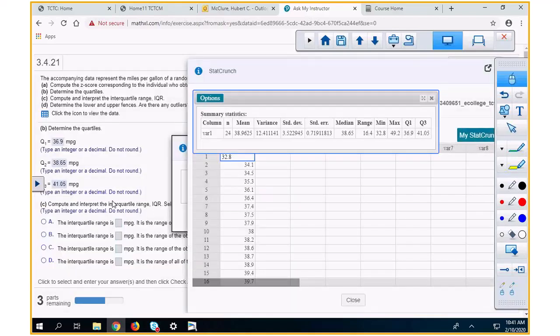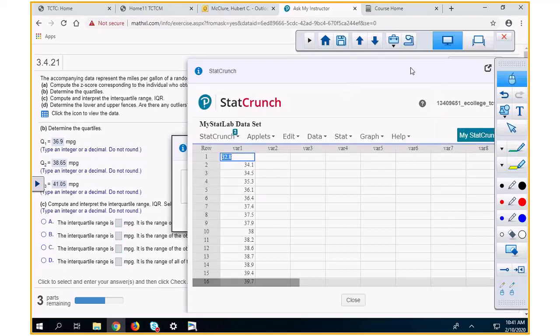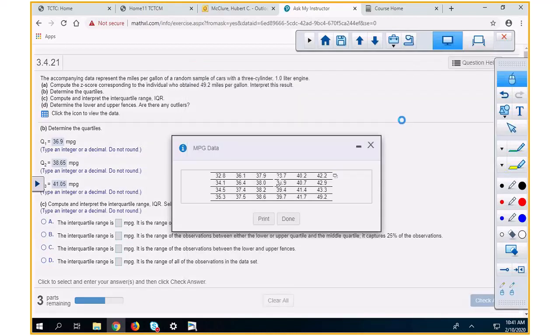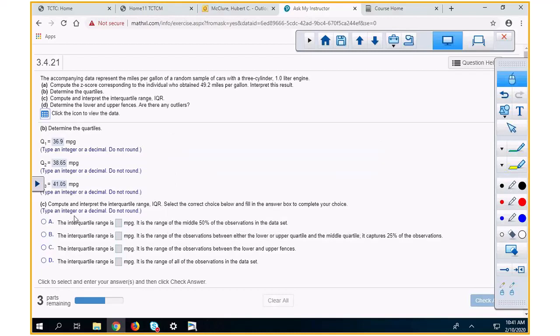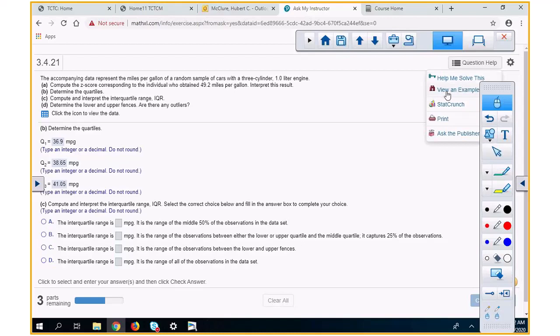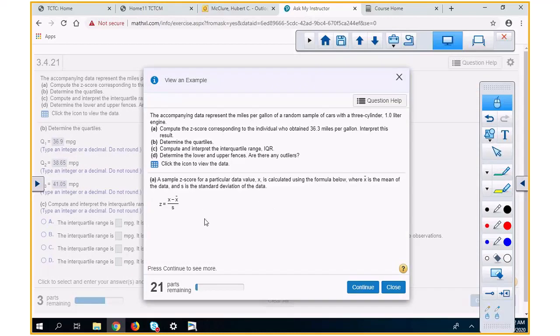Oh my gosh. Is this A through Z or what? A through D. And after that, you still got 3 more parts. Compute and interpret the interquartile range. Select the choices below. Oh God, the interquartile range is one minus the other. I can't remember the formula for it. Let me go down here and find it.